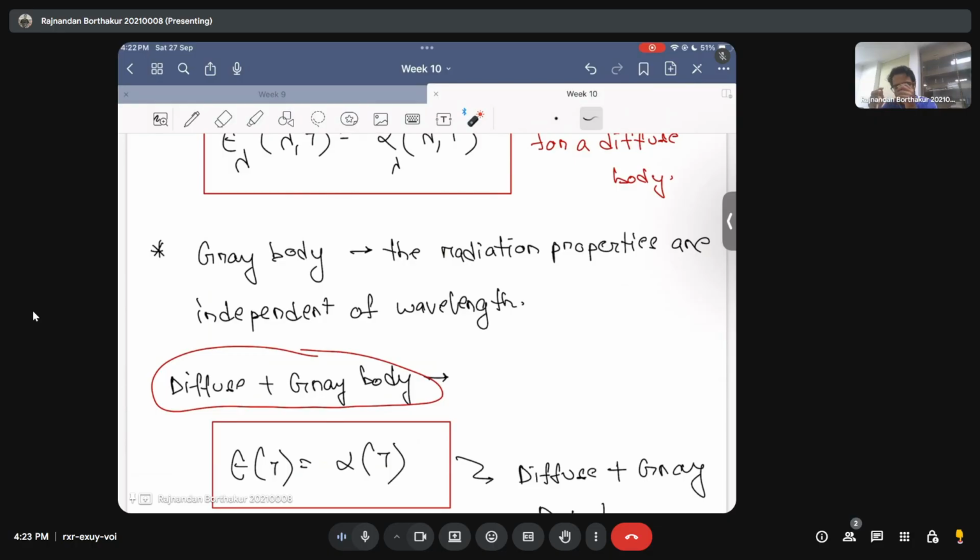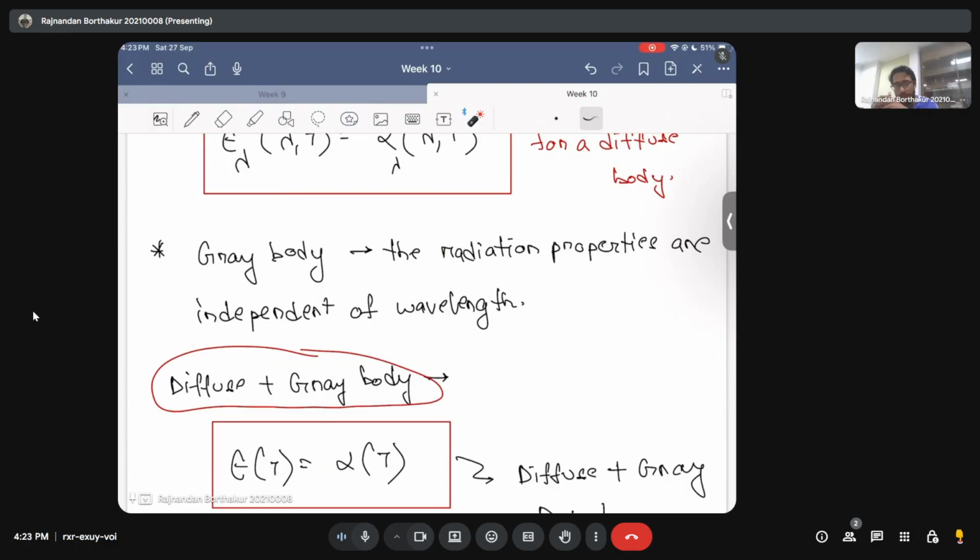If we know a particular wavelength and a particular temperature, we can calculate this f 0 to lambda from the table that we saw in the book of Incropera: multiply lambda times T, and corresponding to that you know the fraction f 0 to lambda. That's how we calculate these band emission fractions.